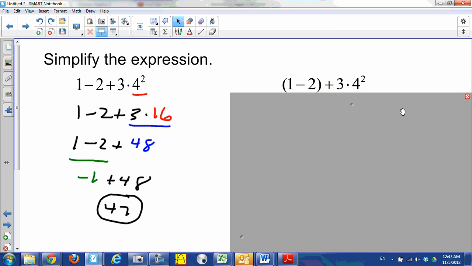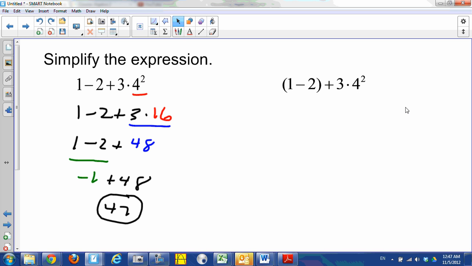Okay, let's look at this example. This time, the subtraction has been grouped. This is an example of grouping. So the first item of business is this grouping here. 1 minus 2. Well, 1 minus 2 is negative 1.